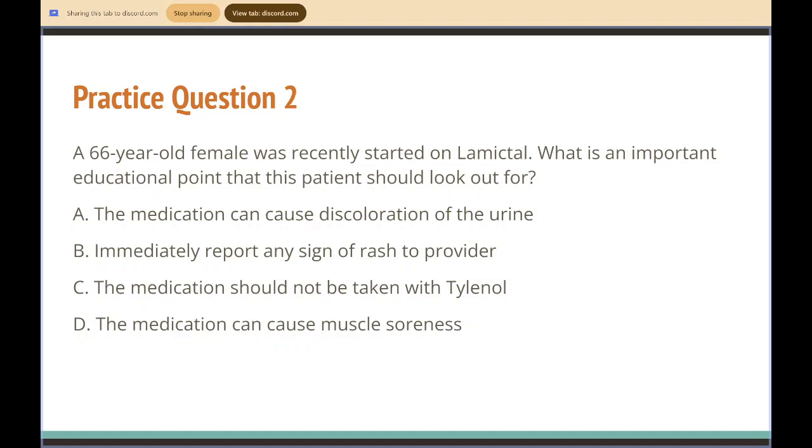Choice B, immediately report any signs of rash to provider. C, the medication should not be taken with Tylenol. And choice D, the medication can cause muscle soreness. Also, if you can put in the generic for Lamictal, that would be great.